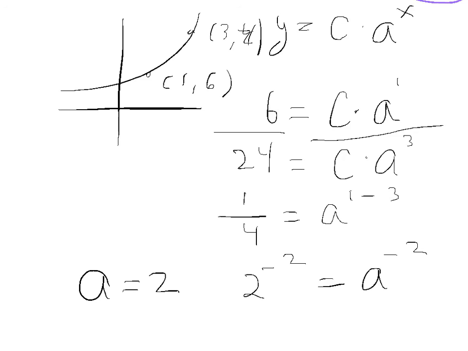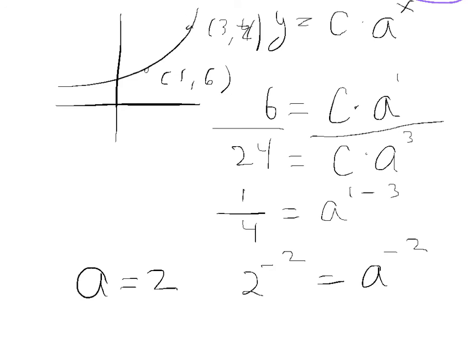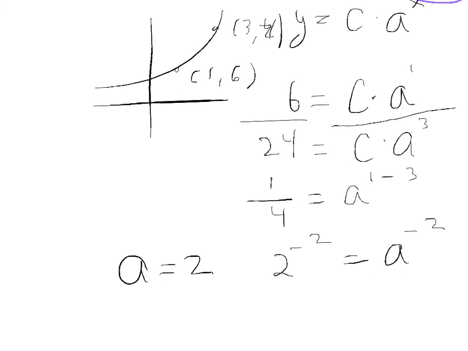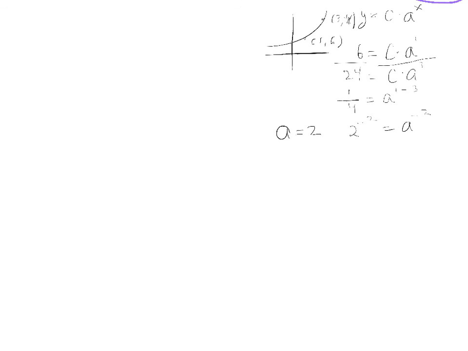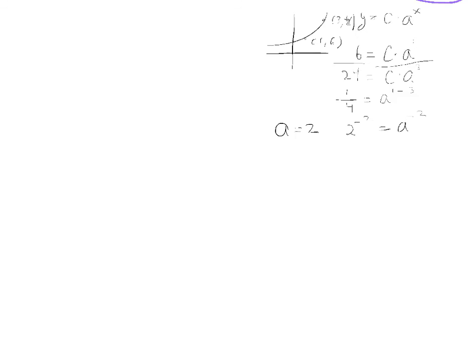So now that we know what a is, I'll shrink it a little bit so you can see it. Now I know that y is equal to c times 2 to the x.